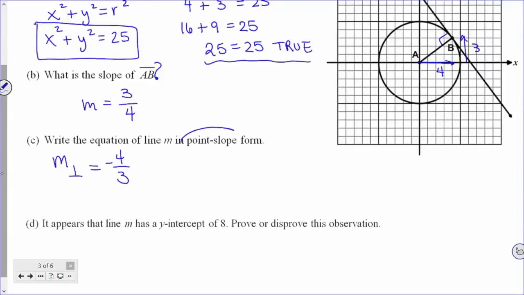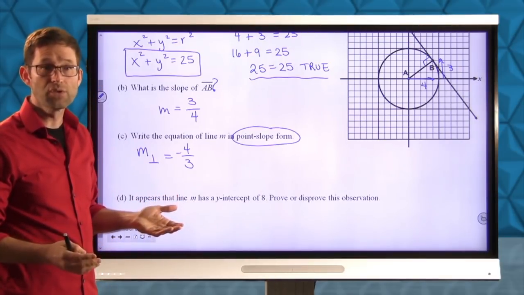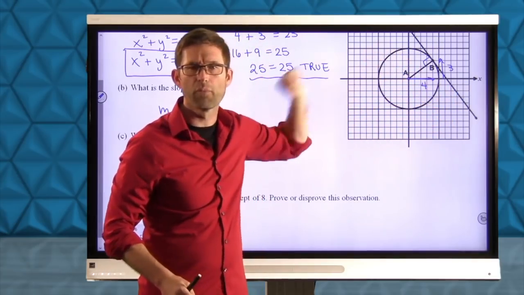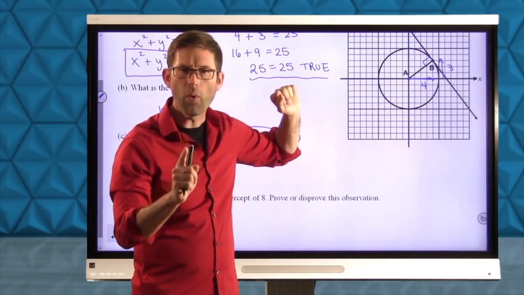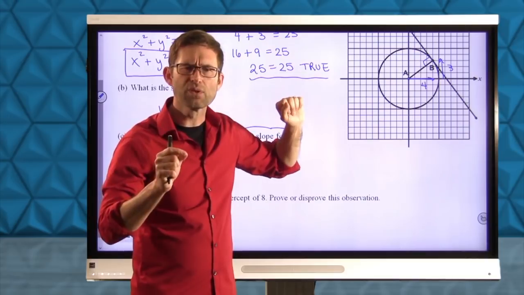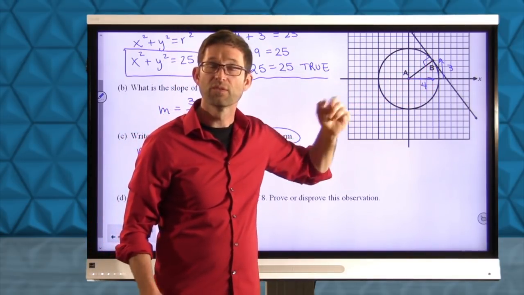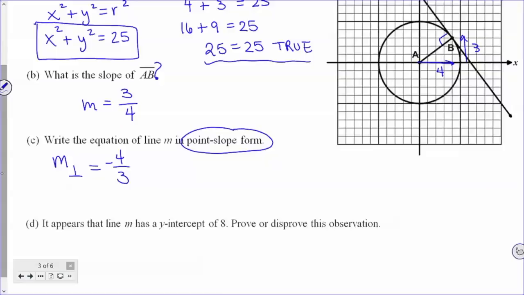Now, if we're going to go with point-slope form, we also need a point that line M definitely goes through. Now, granted, line M is graphed here, so you could read off a variety of different points it goes through. But the one point we are absolutely positively certain it goes through is point B. So use that one, right? We know it goes through the point 4, 3, so we can now say y minus 3 equals negative 4/3 times x minus 4.